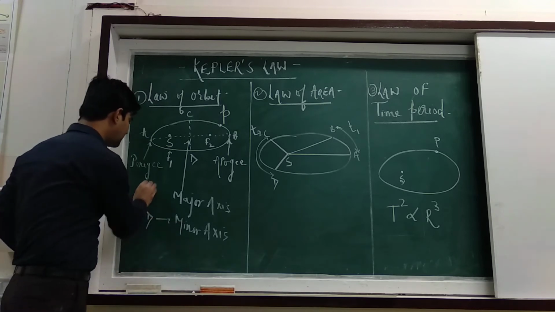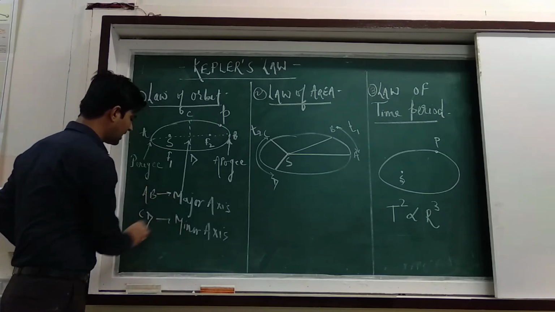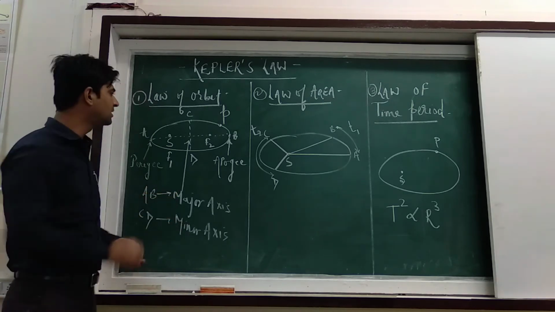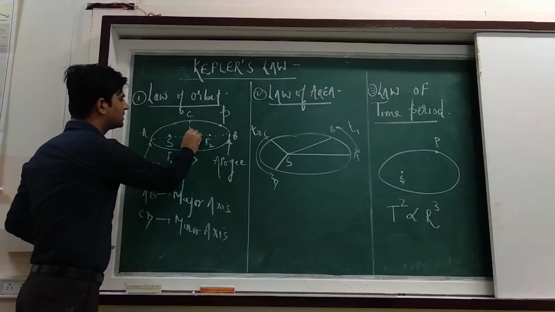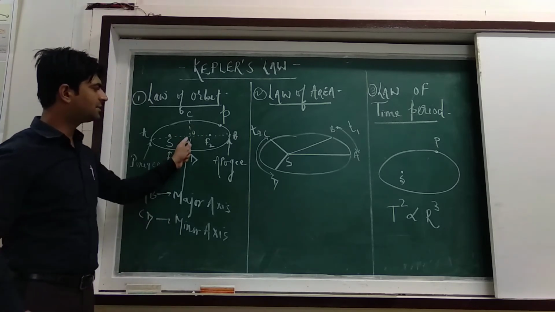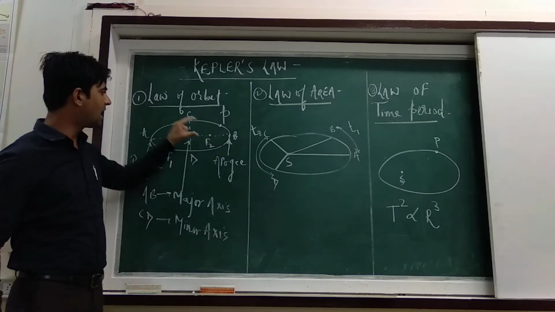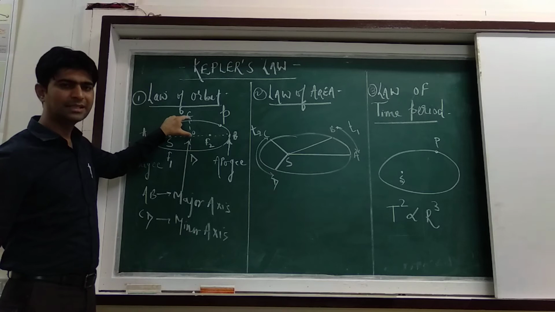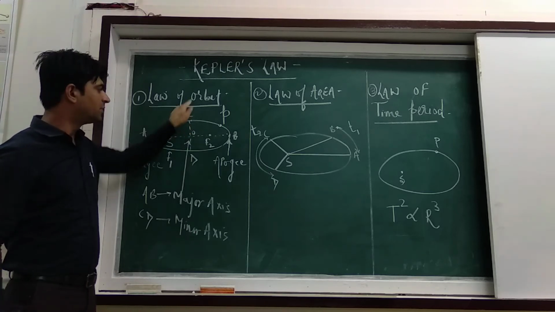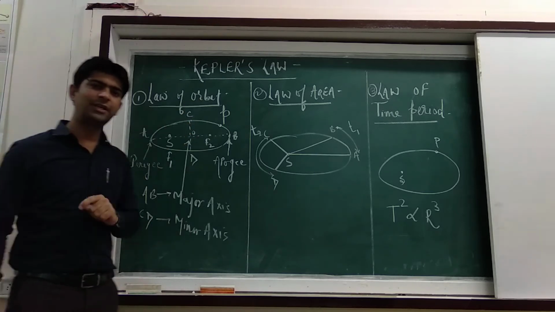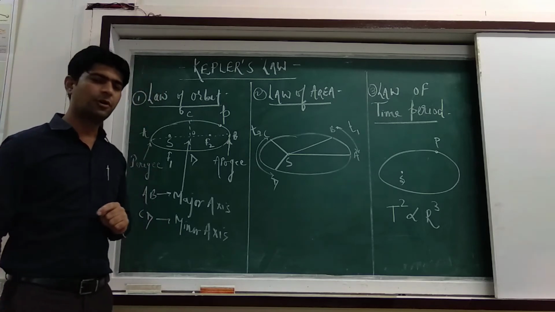So this AB is the major axis and CD is the minor axis. If I plot this point O, and if we take these distances from the center, this will be the semi-major axis and this OC will be the semi-minor axis. So these are the different terminologies which we generally use in Kepler's law of orbit.